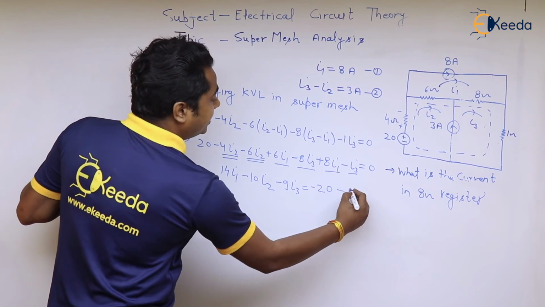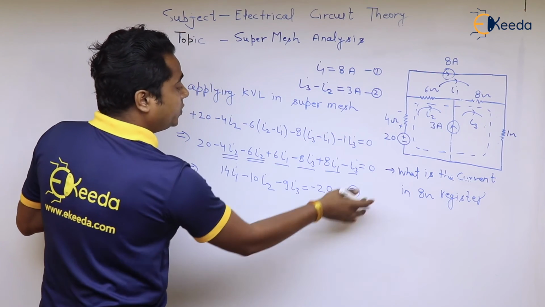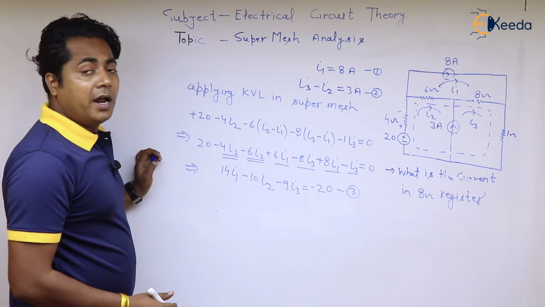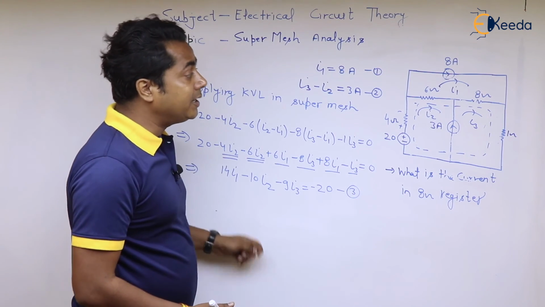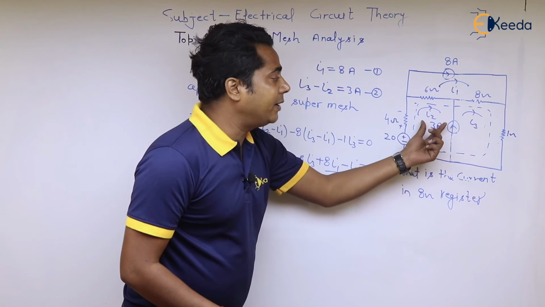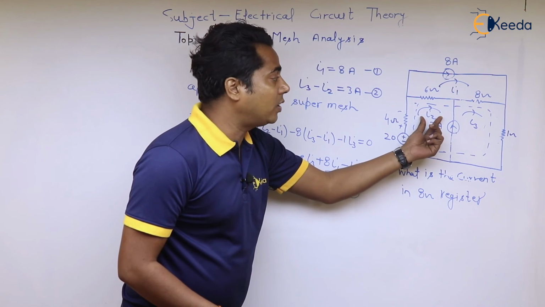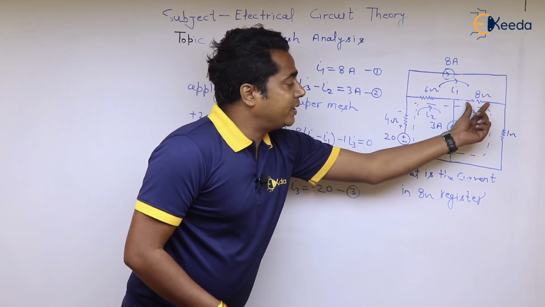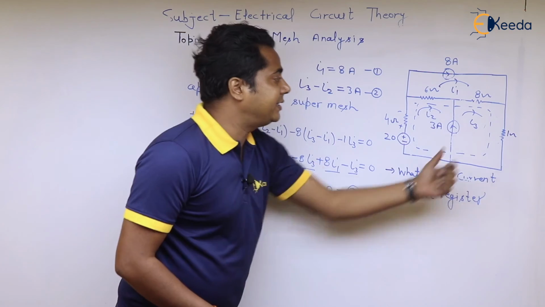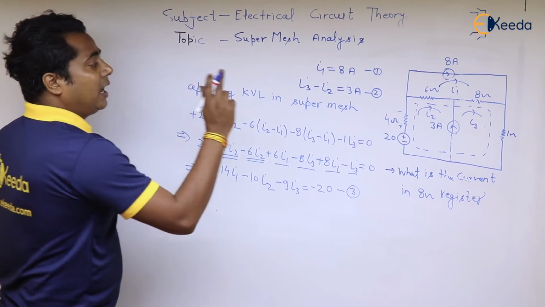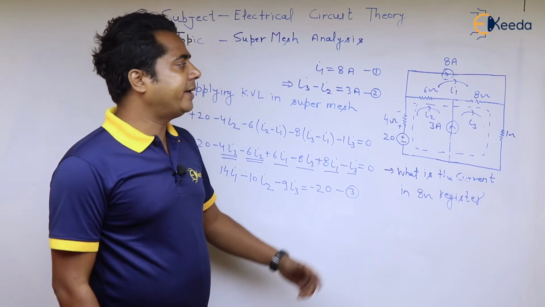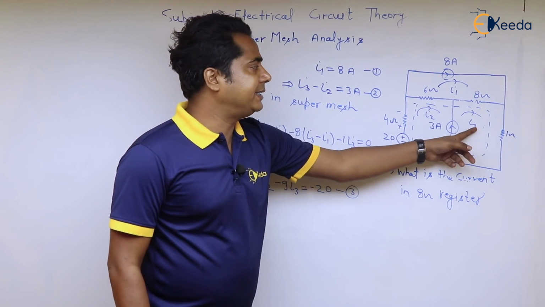We have 3 equations 1, 2, 3 and 3 unknowns I1, I2 and I3. Now we have to calculate the values of I1 and I3. We need not calculate the value of I2 because in the 8 ohm resistor the current flowing is the difference of I1 and I3. So we are focusing on I3 because I1 has been given. We are focusing on the values of I1 and I3.